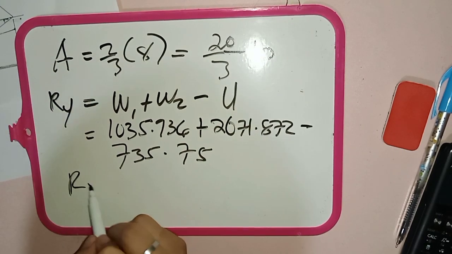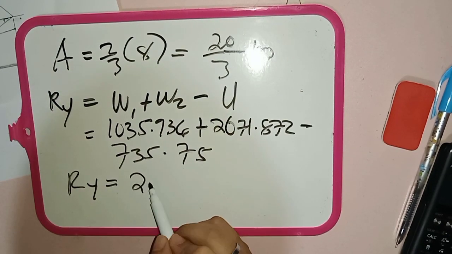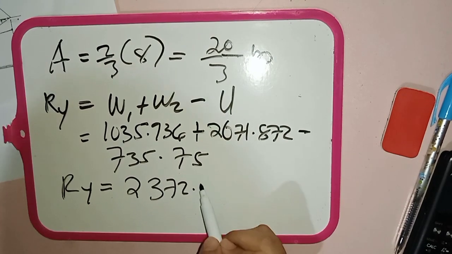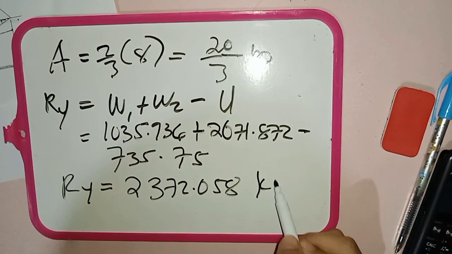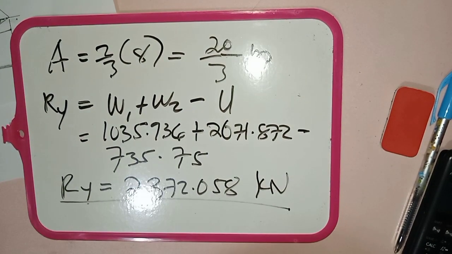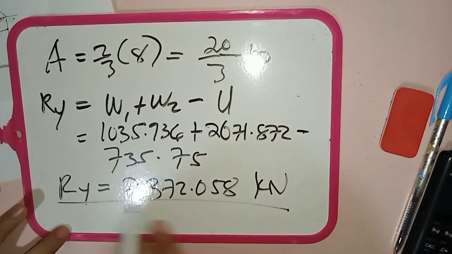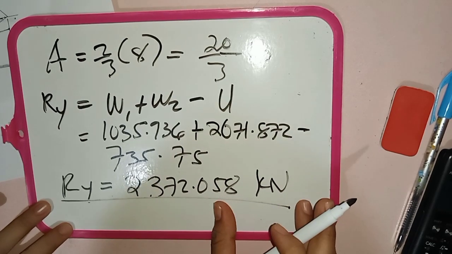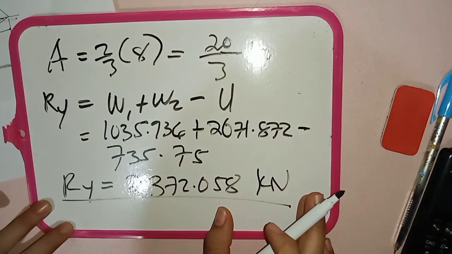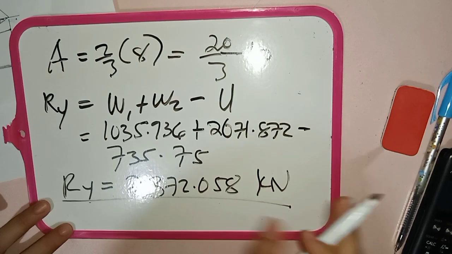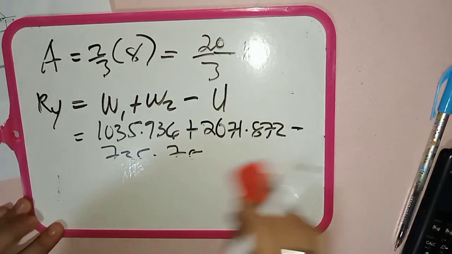So we now have our Ry, 2372.058 kN. Next, we get our resisting moment, which is the same as before. What changes is our overturning moment.